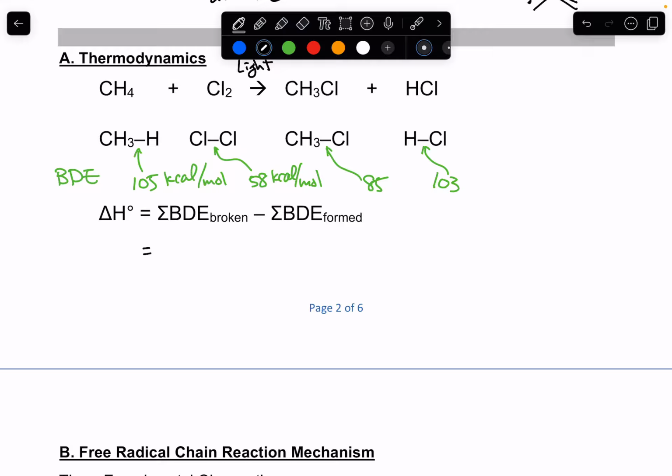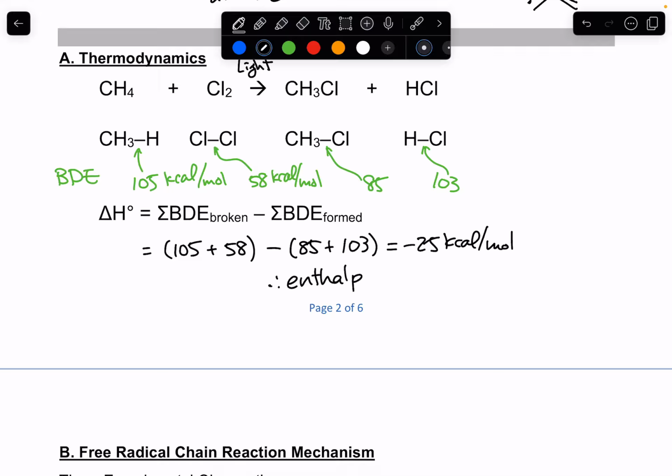So for the bonds being broken, I'm going to skip writing the units here, even though that's kind of wrong, and I'm going to add up the energies of the bonds that are formed in the reaction and subtract one from the other. This comes out to be negative 25 kilocal per mole. What does that mean? That means this is going to be an enthalpy driven reaction.